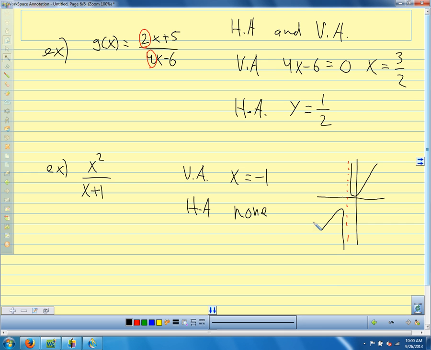All right, are we all good on the rules? We have a slant asymptote. I didn't draw it really well, but we have a slant asymptote that goes along here. And we'll talk about how we find those tomorrow. So our vertical asymptote is here, and this is our slant asymptote.